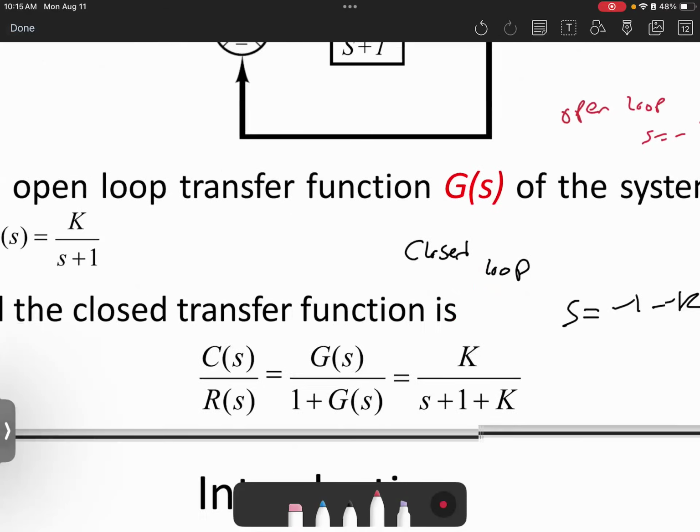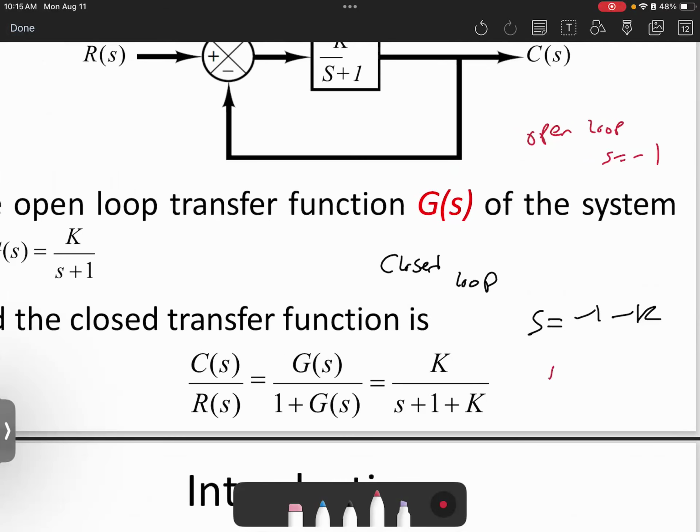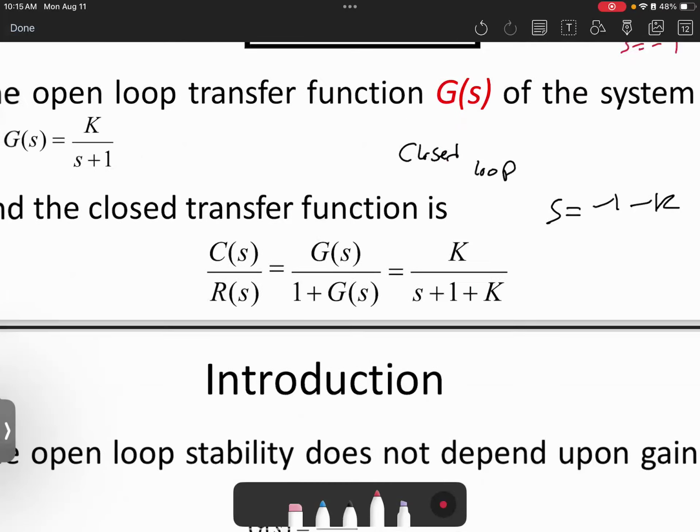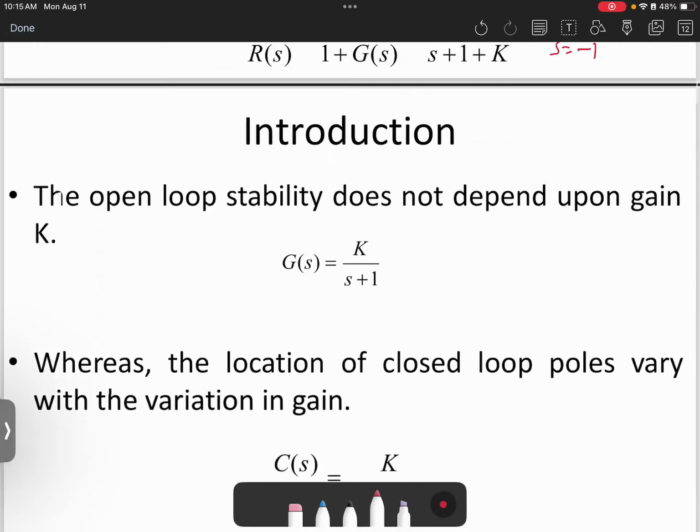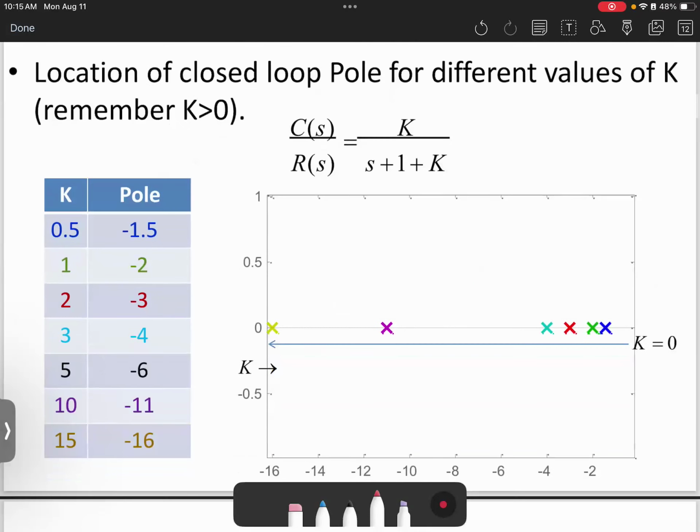Therefore, if k equals 0, what will happen to the pole? s equals -1. However, if k starts increasing, let's assume k equals 0, it will be -1. If k equals 0.5, it will be -1.5. If it is 1, it will be -2. If it's 2, -3.